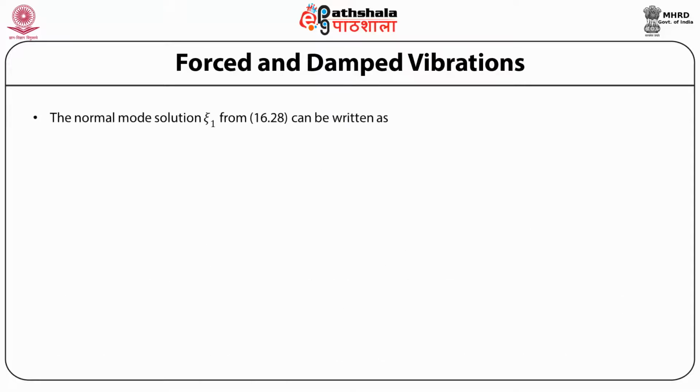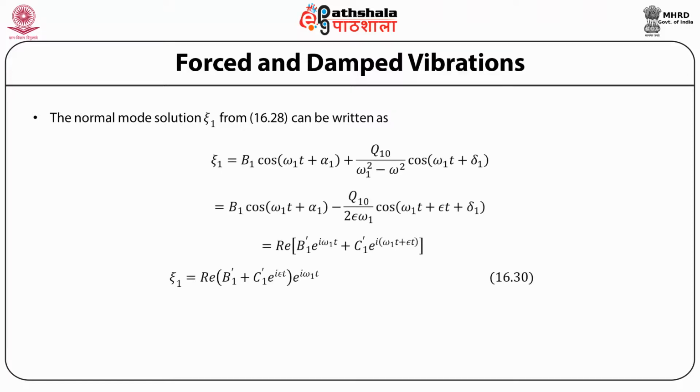The normal mode solution xi_1 can now be written as xi_1 equals B1 cosine(omega t plus alpha_1) minus Q10 by 2 epsilon omega_1 cosine(omega_1 t plus epsilon t plus delta_1), which is the real part of B1' exponential i omega_1 t plus C1' multiplied by exponential i(omega_1 t plus epsilon t).